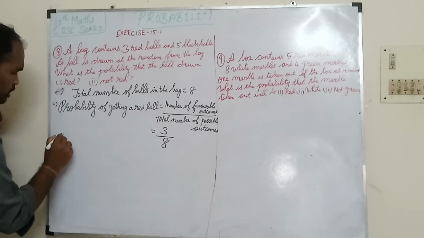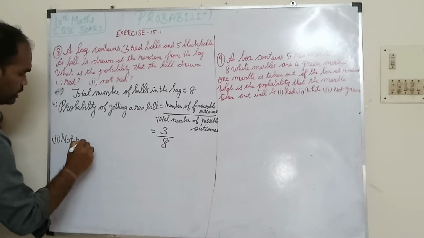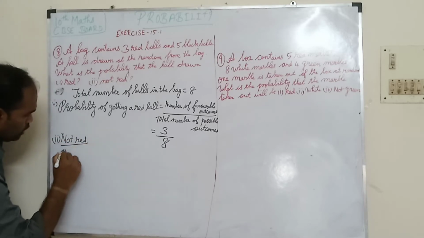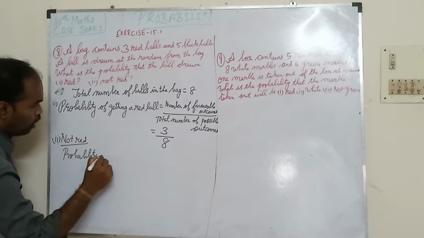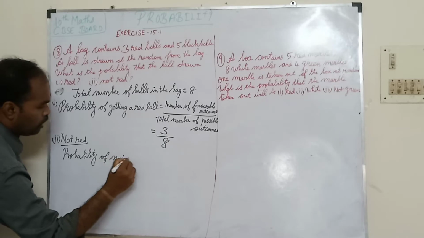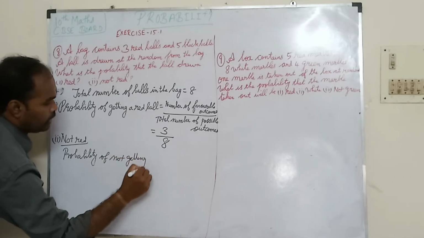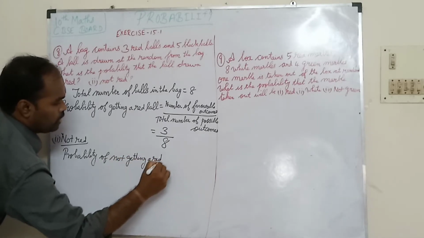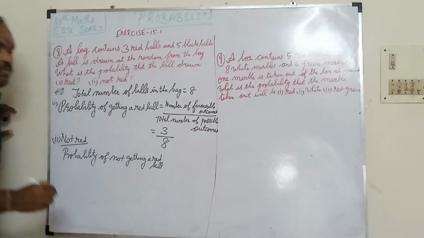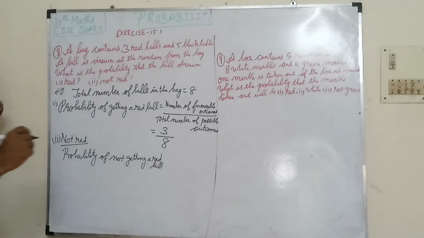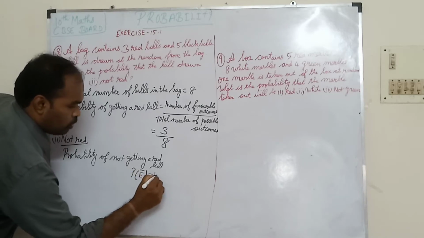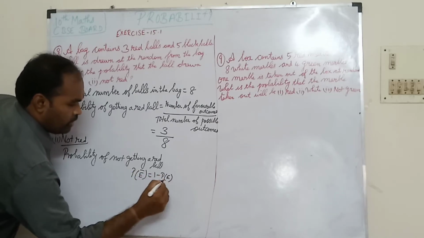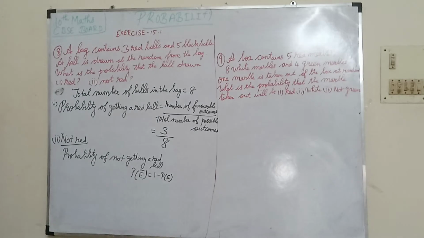And the second one is for not red. That is, the probability of not getting a red ball is, as per the formula, P of E bar is equal to 1 minus P of E. This is the formula.